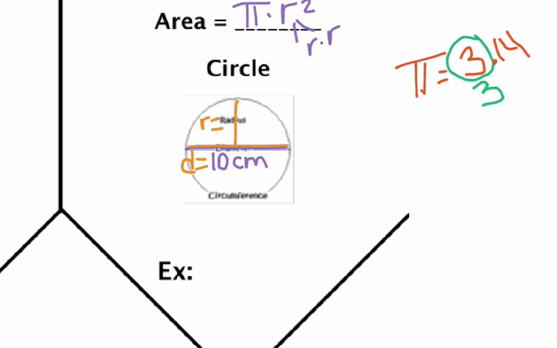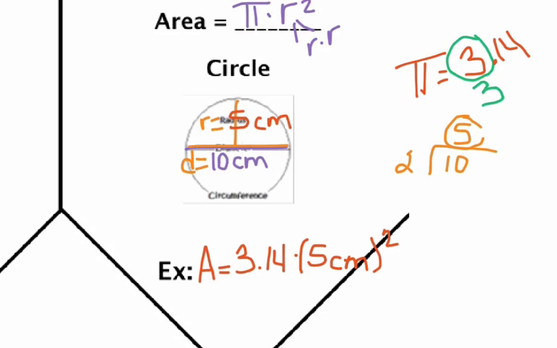Well, I know that radius is halfway across, diameter is all the way across, so radius is just half of the diameter. So take 10 centimeters, divide by 2, that gives me 5, which is half of the diameter. So we know our radius would be 5 centimeters. Now we can calculate the example using the formula.